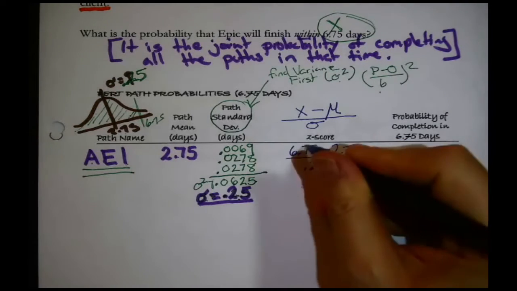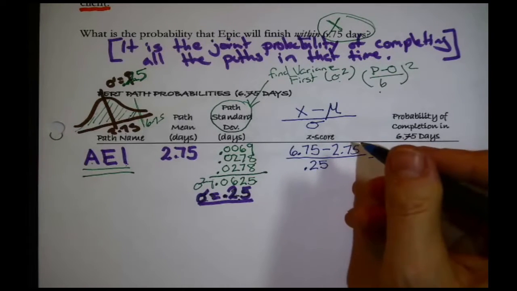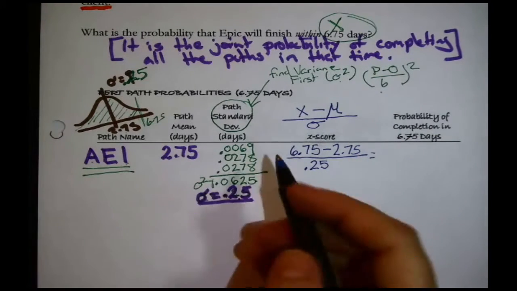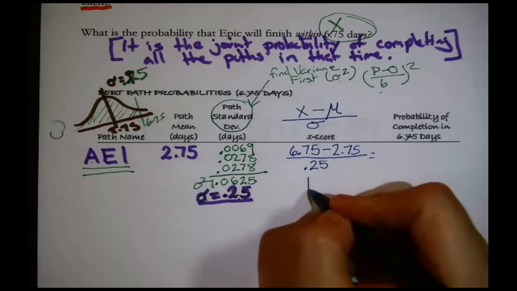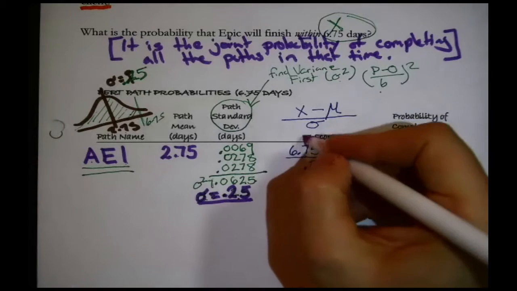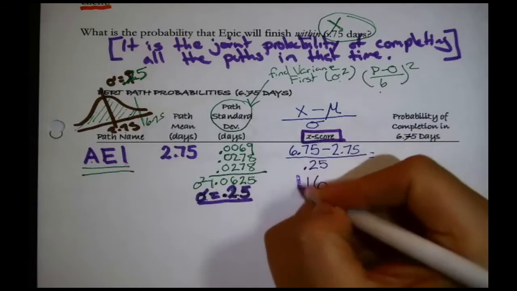All right, I did all this on my calculator, and I get a z-score right here of 16. So for path AEI, the z-score I get is 16.